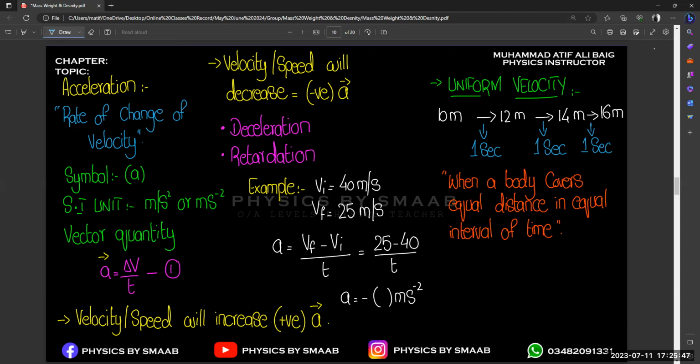So let's suppose initially you are walking, then you start running. So that is the concept of variable velocity.